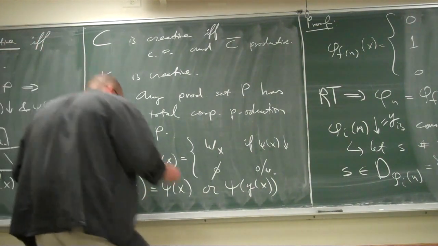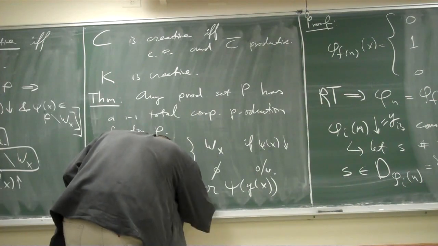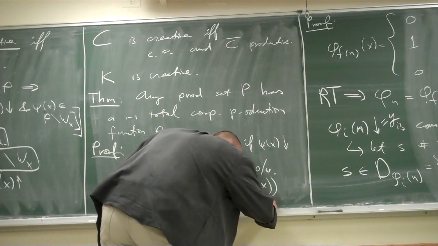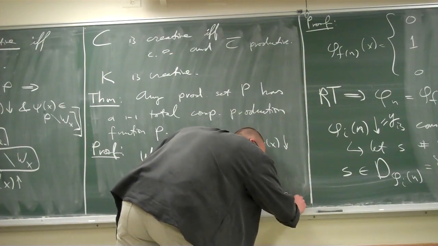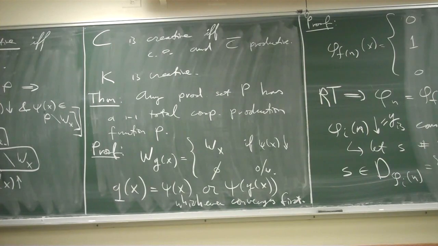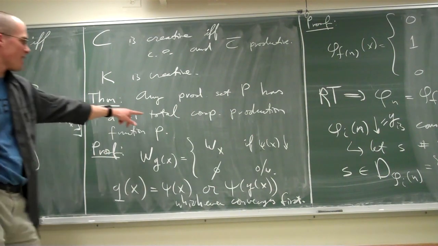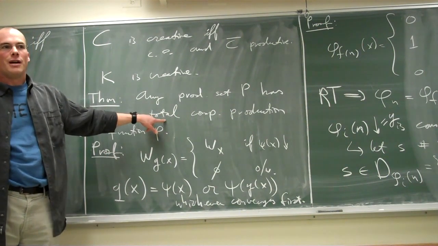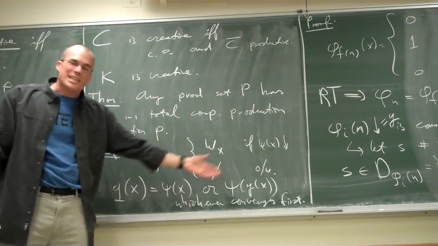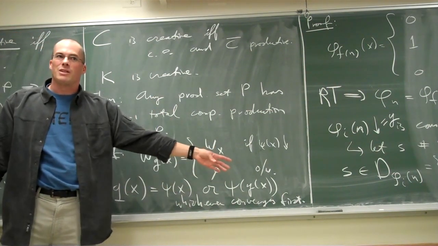However, whichever converges first, right? If x is not the index of a Wx which is a subset of P, then, well, we don't really care about the x except for the fact that we want to make it total. But in that case, we just need something which converges.